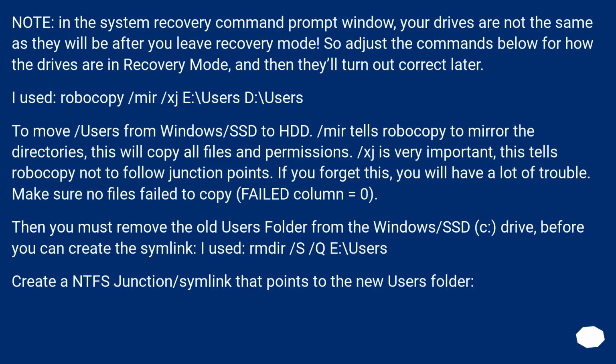Note, in the System Recovery Command Prompt window, your drives are not the same as they will be after you leave recovery mode. So adjust the commands below for how the drives are in recovery mode, and then they'll turn out correct later.